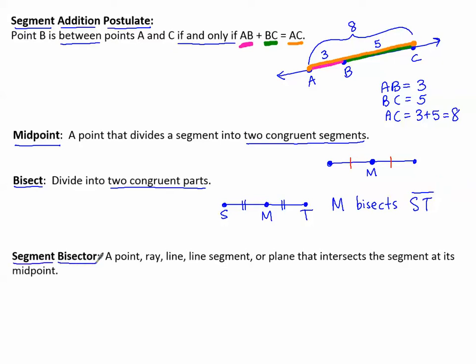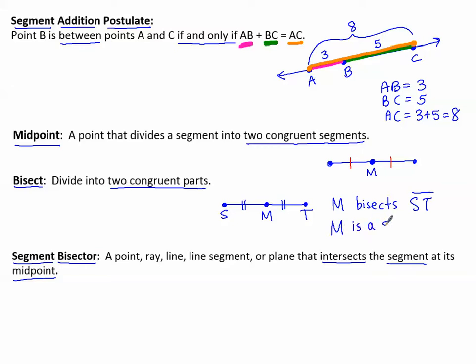Segment bisector, that is a point, ray, line, segment, or plane that intersects the segment at its midpoint. If we go back up to this picture here, M is the segment bisector of segment ST. Let's write a note about that using this new vocabulary.